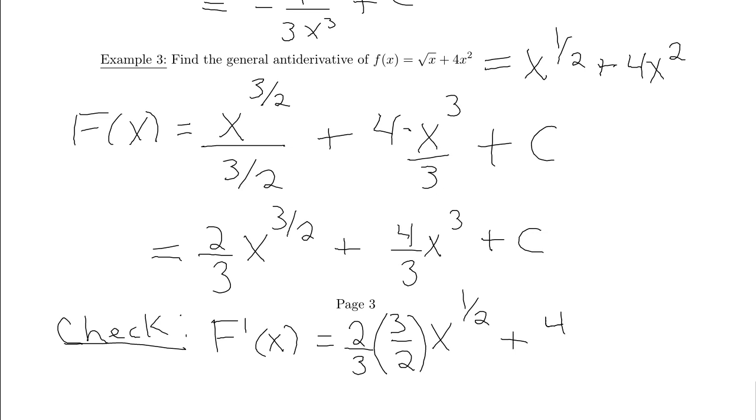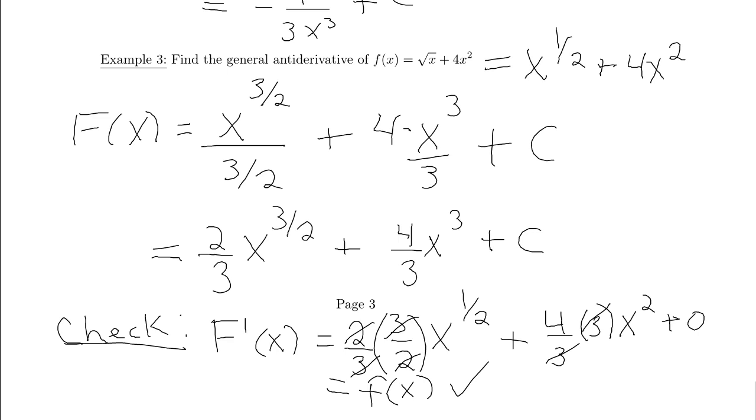Then we're going to have 4/3 times 3x squared, and then plus the derivative of c, which is just 0. So we actually have a lot of cancellation here. The 2's are going to cancel, the 3's are going to cancel, my 3's are going to cancel in my second term, and what I'm left with is little f of x, which is exactly what we wanted. So that means that we've taken the antiderivative correctly because we got our original function back.